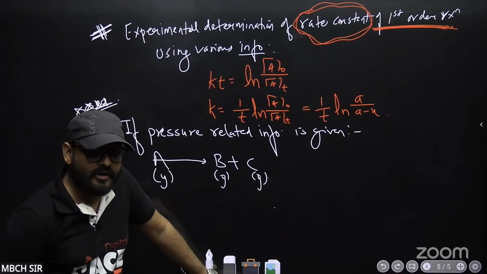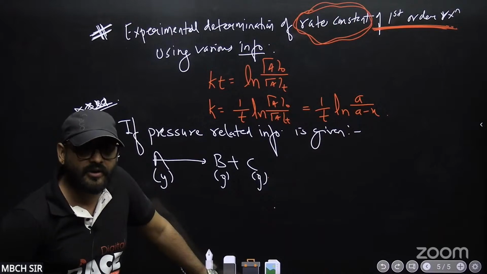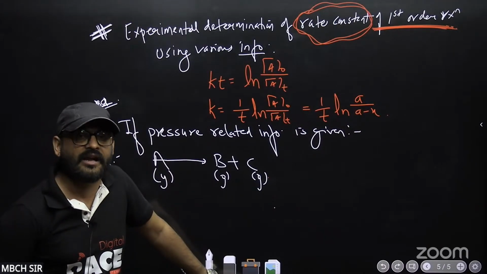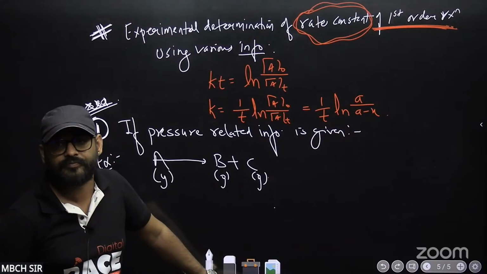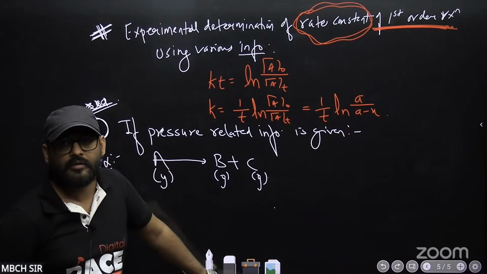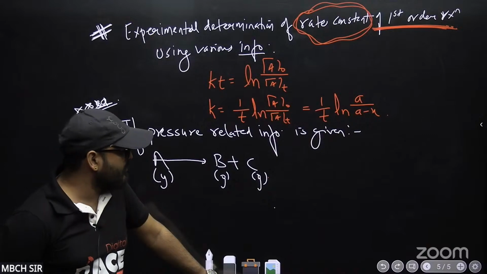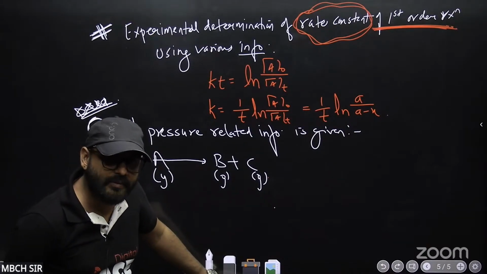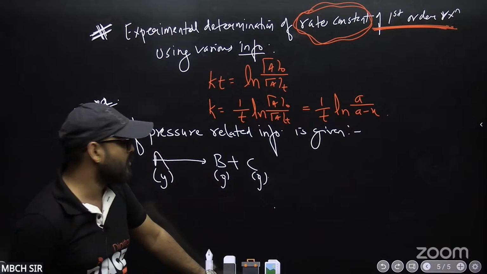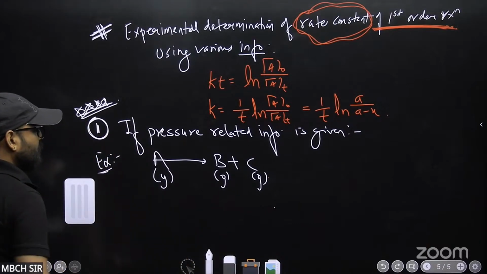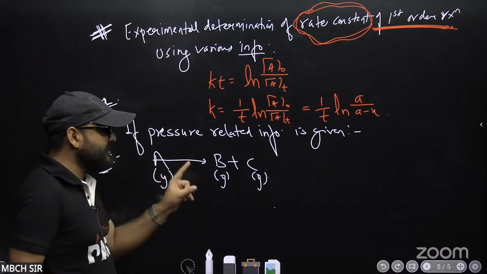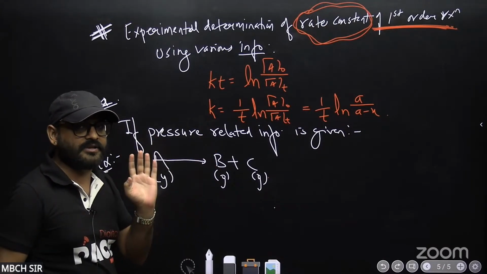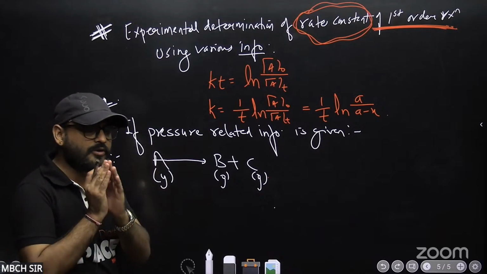I'm saying again, you don't have to consider the pressure of solids and liquids. You have done this thing in chemical equilibrium as well. So, first thing you have to keep in mind is in which state these substances are. If they are in gaseous state, then you will consider their pressure. If they are in solid or liquid, then you won't.